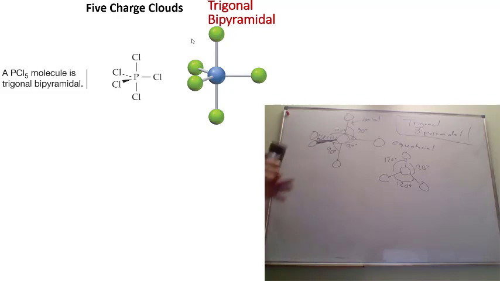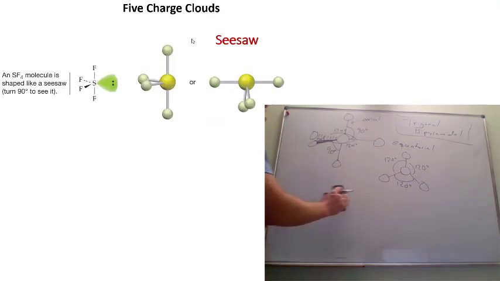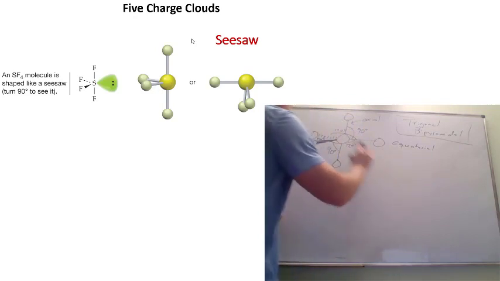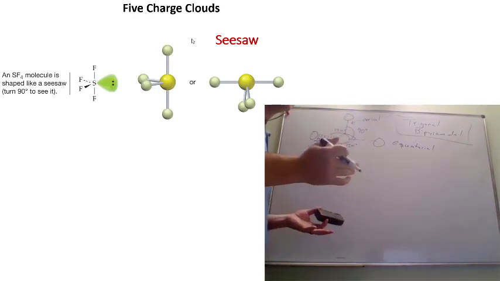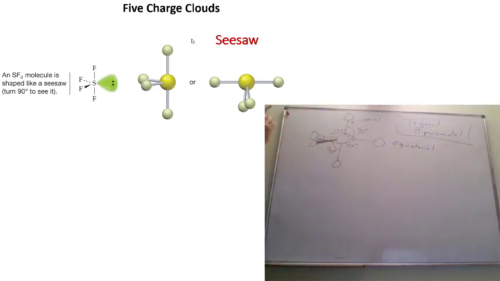Okay, so if we have bonds associated with each one of these charge clouds, that would mean that the shape would be just the same as the parent, as always. It would be called trigonal bipyramidal. Next, what if we replace one of these guys with a charged cloud? So with a lone pair of electrons. So those lone pair of electrons are going to substitute themselves in the place where they have the most room to spread out.